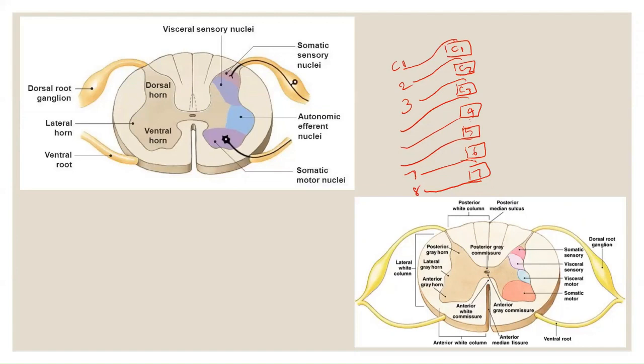It comes from below the seventh one. Then you have the first thoracic vertebrae, and from then on, you have the nerves coming from below the relevant vertebral level. So this is the first thoracic nerve coming from below the first thoracic vertebrae. And like that, you have the nerves coming from below.